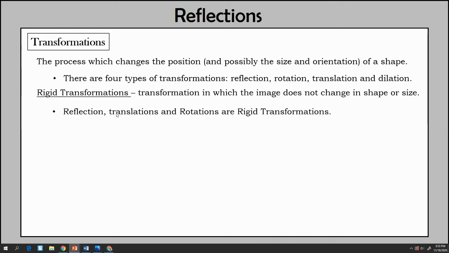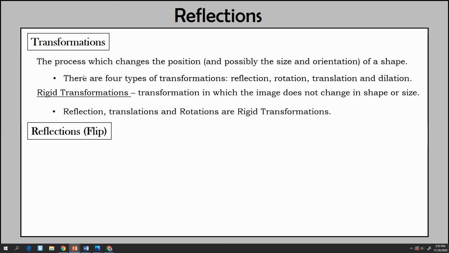When you do one of these, you move a shape somewhere in the coordinate plane, and that shape is going to be the exact same size and shape as the original version of it. That's called rigid because it doesn't change. The angles in the shape are all going to be the same. The side lengths in the shape are all going to be the same. It's going to be the same shape.